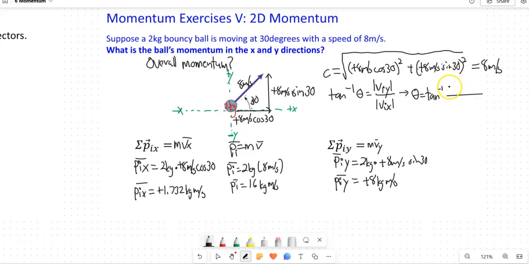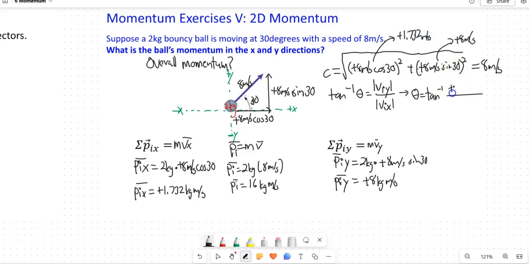and the y part would be positive 8 meters per second. They would just give you a number. So this would be positive 8 meters per second, and again, this is positive 1.732 meters per second.